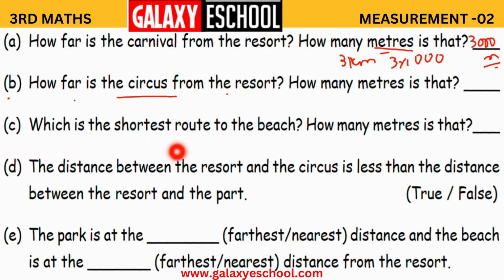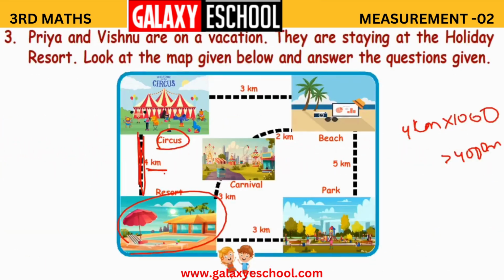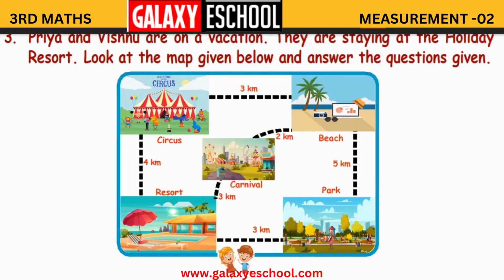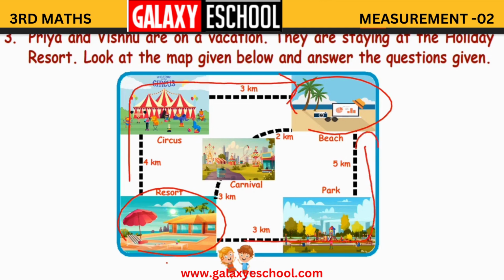Question C. Which is the shortest route to the beach? How many meters is that? Now we are having the resort here and we want to go to our beach, children. Now we have to find out the shortest distance. There are three ways in which we can reach the beach. First we can go this way or we can go this way.